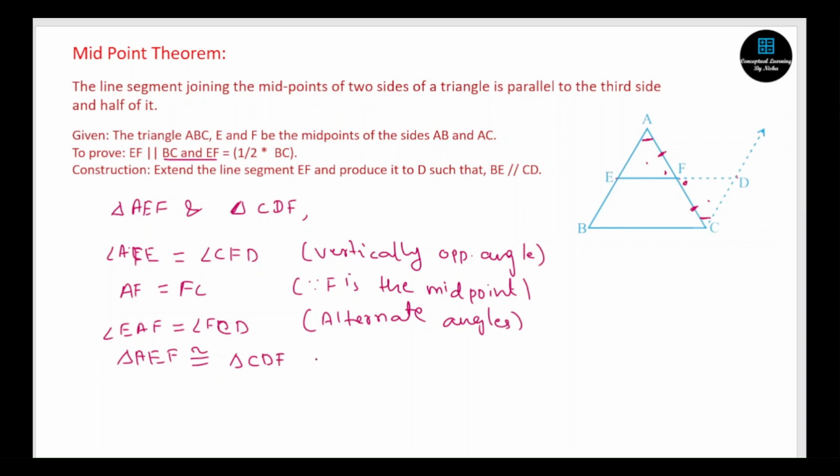Now, see what happens if we prove this. By CPCT, can I say that F is the midpoint of ED? That's what we wanted, right? So, therefore, EF equals FD. Here we applied the ASA rule. You have to mention this, okay? And this is by CPCT.